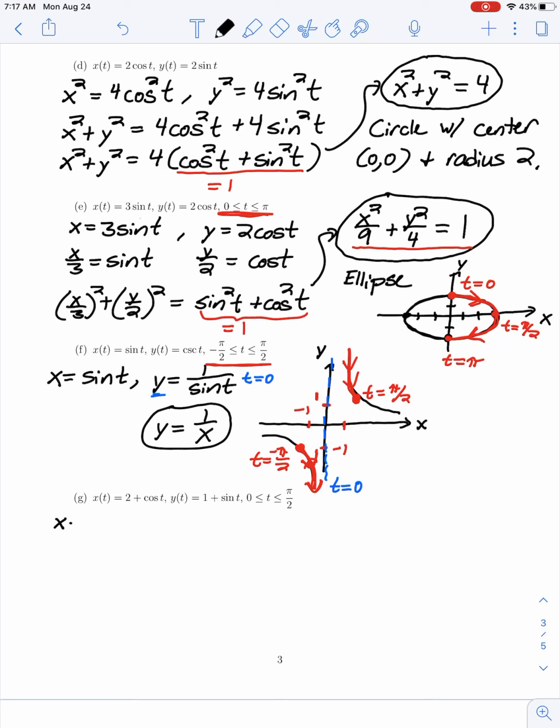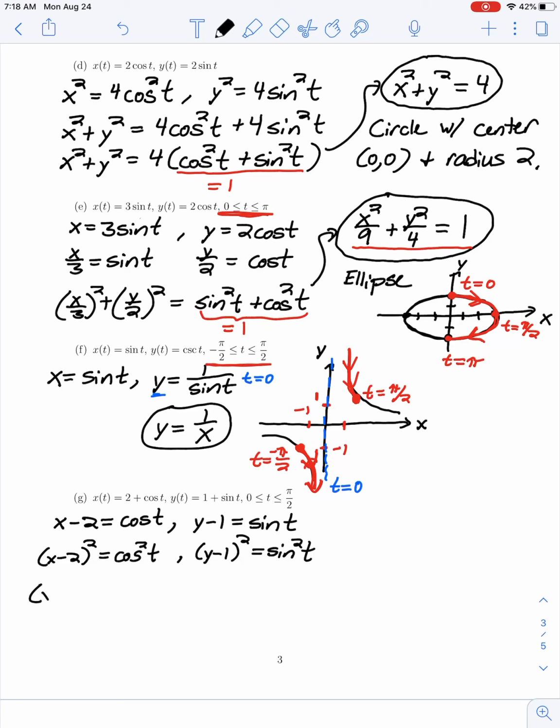Solving our first equation for cosine of t, we have x minus 2 is cosine of t. And solving our second equation for sine, we have y minus 1 is equal to sine t. So squaring both sides of these equations, we would have x minus 2 squared is cosine squared t, and y minus 1 squared is sine squared t.